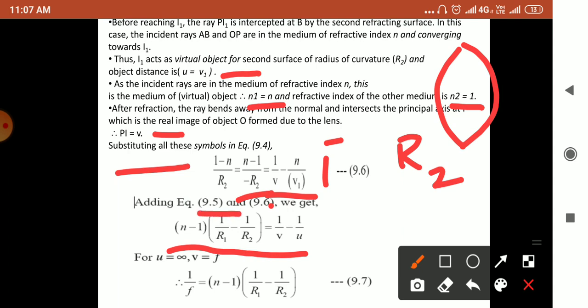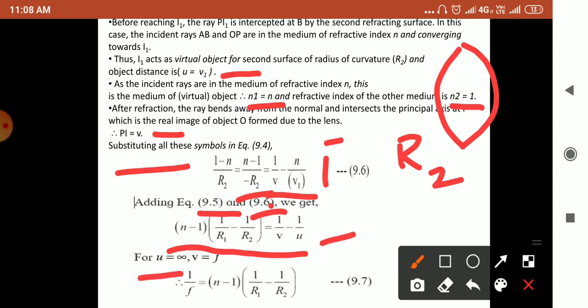By adding both equations, we get (n minus 1) into (1 upon r1 minus 1 upon r2) equal to 1 upon v minus 1 upon u.